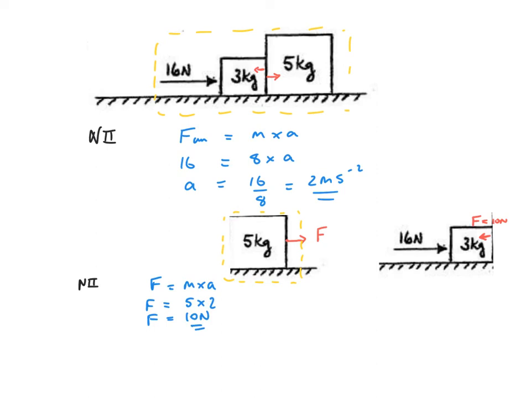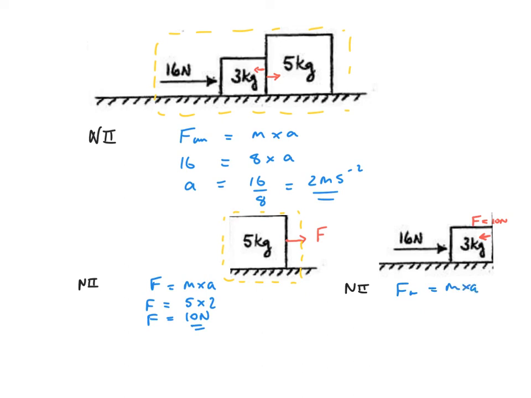So we'll just accept that you've got 16 newtons going to the right, 10 newtons going to the left from the 5 kilogram block, and that means that you've got an unbalanced force acting on the 3 kilo block. So again, just to apply Newton's second law, just to finish off the analysis, we've got an unbalanced force this time.